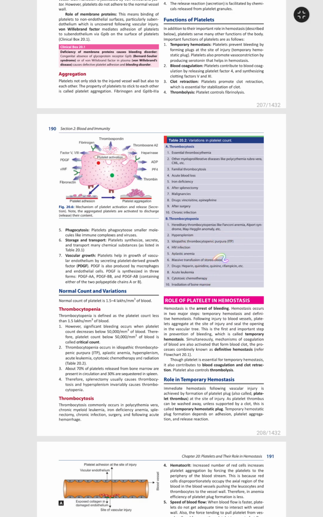Thrombocytopenia, purpura, irradiation of bone marrow, cytotoxic chemotherapy. Increases after surgery, iron deficiency, then blood loss. Normal count is 1.5 to 4 lakh per cubic millimeter. 70% are released from bone marrow, 30% are in the spleen. Critical count. Thrombocytosis.